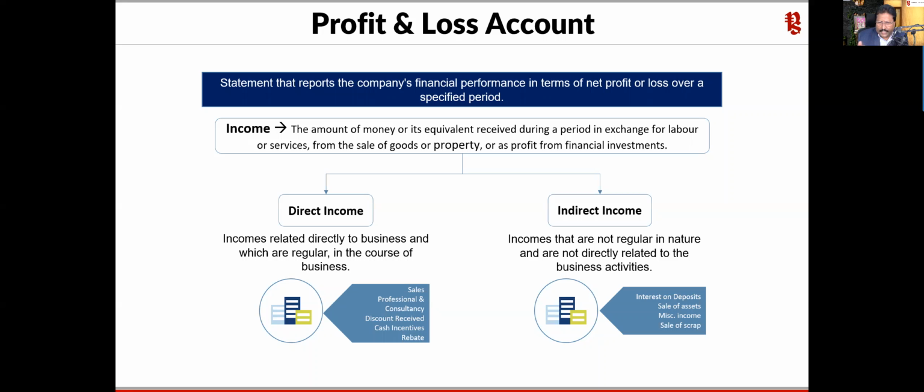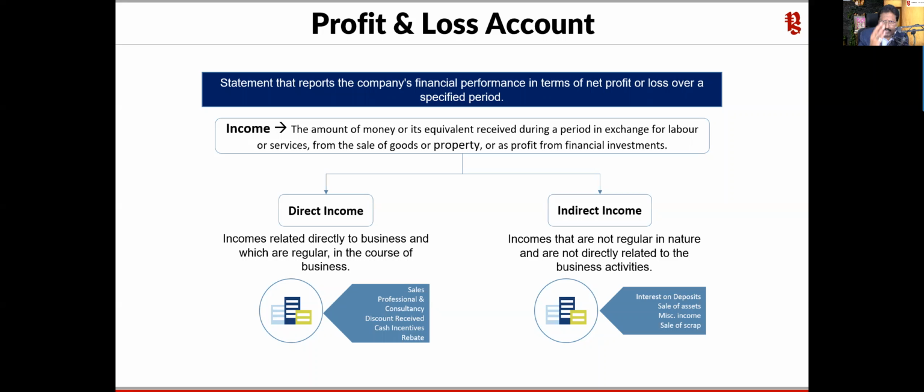So various other miscellaneous income, sale of scrap. Another very nice example that I can give you is, let us say in your office, you buy newspapers and magazines. Once in 6 months or so, you sell those magazines to the raddiwala, and you get some money, say 2,000 or 3,000 rupees.